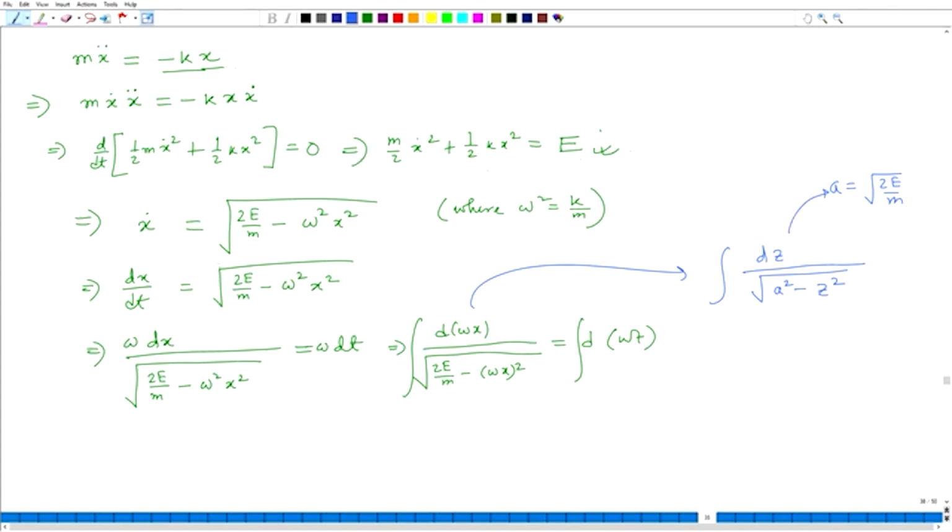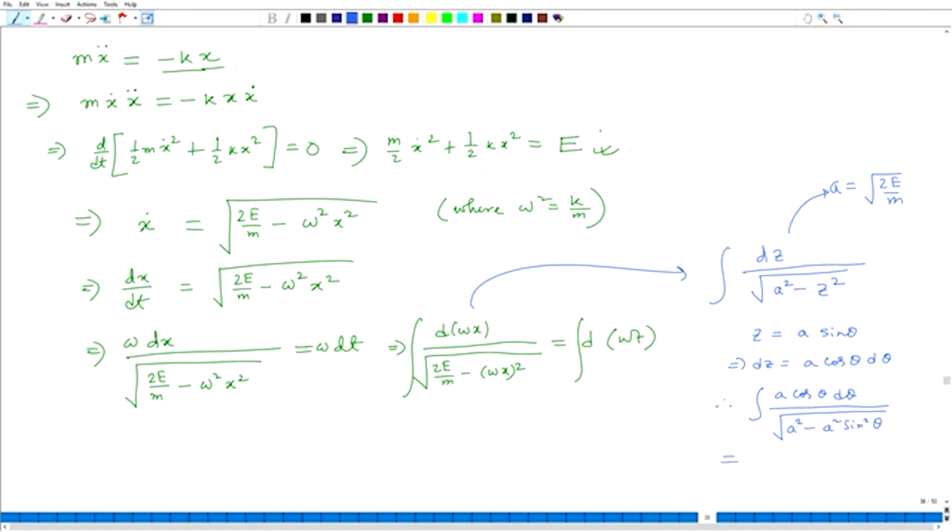If you want to calculate that, the easiest way is to do some substitution. Let us say z is equal to a sin theta, and so dz will be a cos theta d theta, over root of a square minus a square sin square theta.